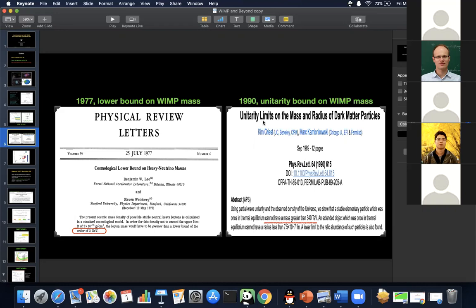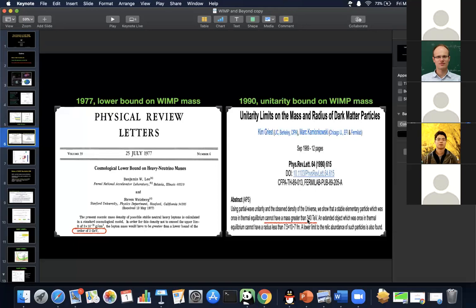The unitarity limit on the WIMP mass is around 700 TeV, and recently I think someone argued it can be heavier when we consider more complicated calculations. So roughly now we know the WIMP should lie in the mass range between 2 GeV and 300 TeV.